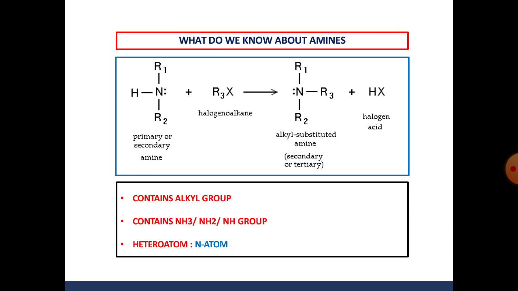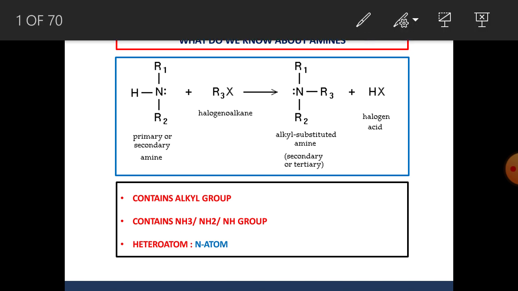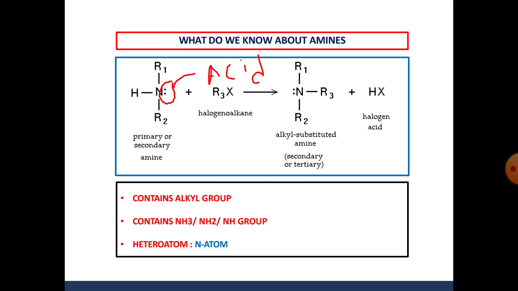That is why it acts as a base and can donate this lone pair to another acid. It is donated to accept a proton, it is donated to an acid, and that is why it acts as a base.